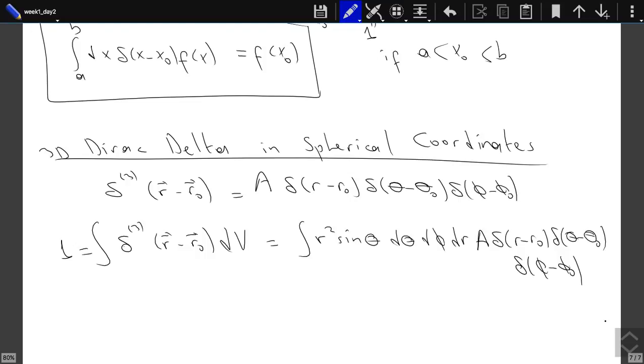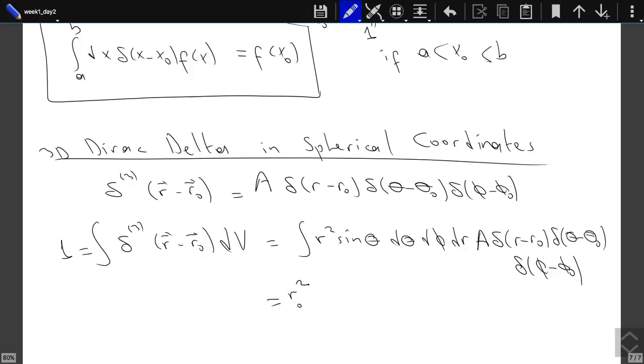So if you remember the integral of the Dirac delta function, if we integrate over r, this is just a single Dirac delta function over here. This just tells me that wherever I see r, I should put r0. So this is equal to r0 squared. That is the r integral.